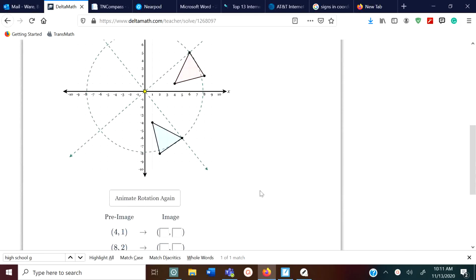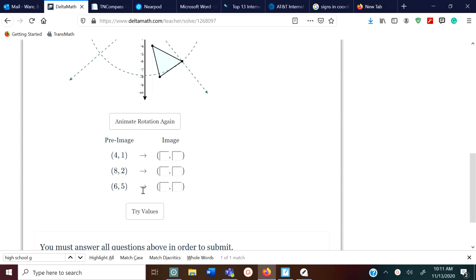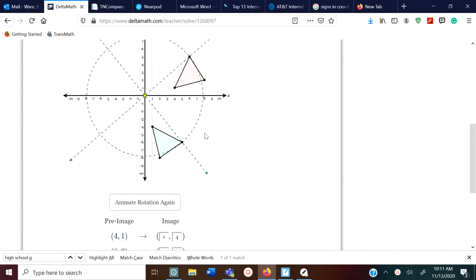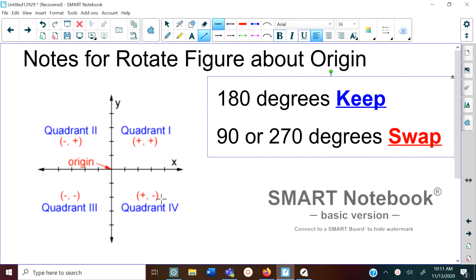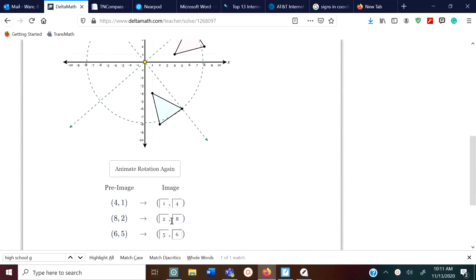Now all I've got to do is fill them out. Remember, with 90 and 270, we swap them. 1 and 4, 2 and 8, and 5 and 6. Then we look to see what quadrant it's in. It's in the 4th quadrant, and in that quadrant, it's positive, negative. So positive and then negative.